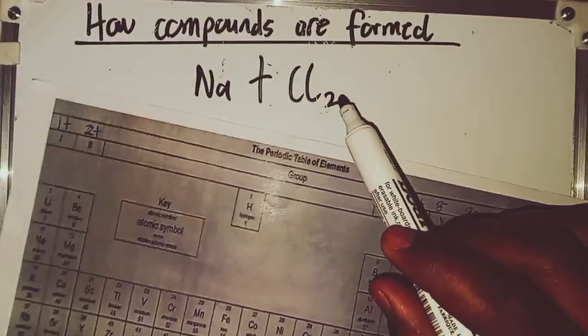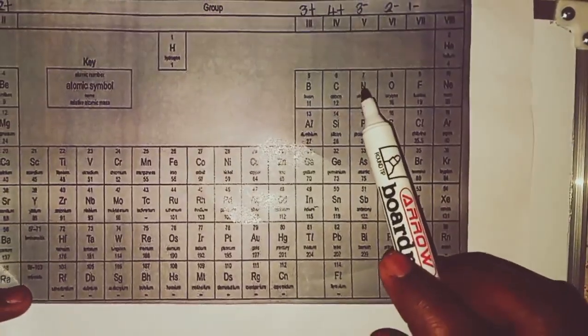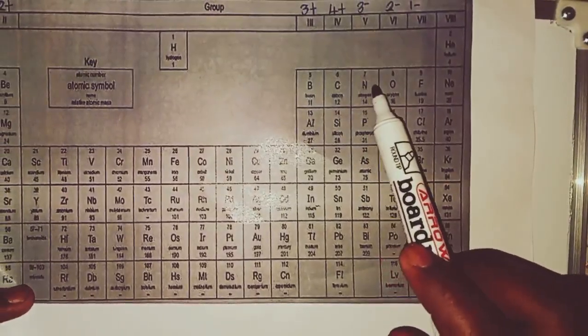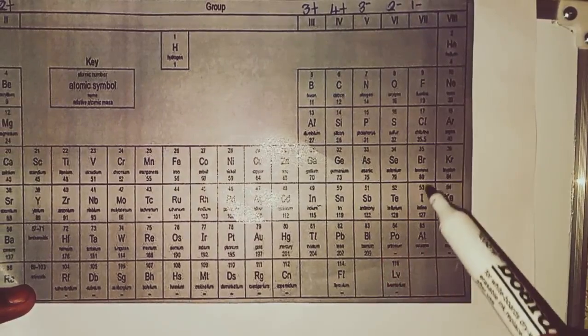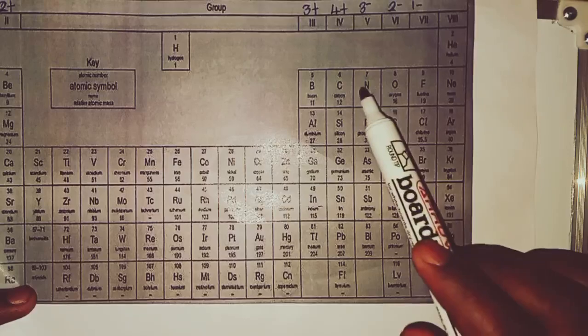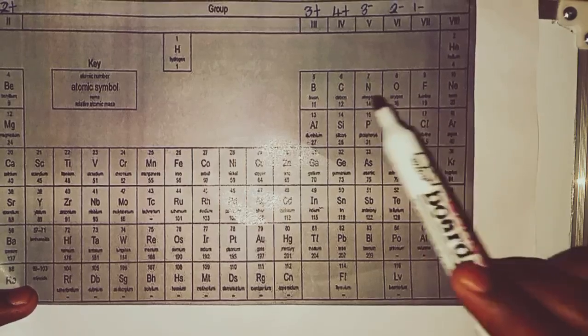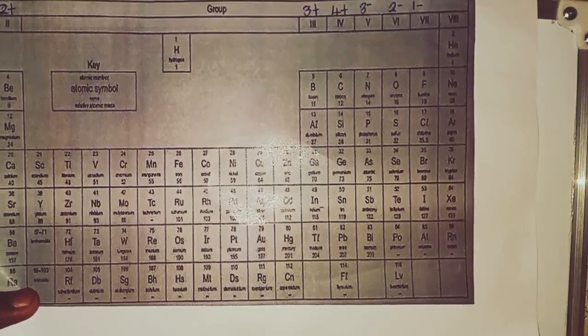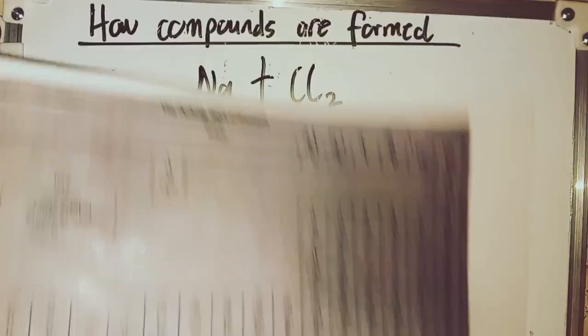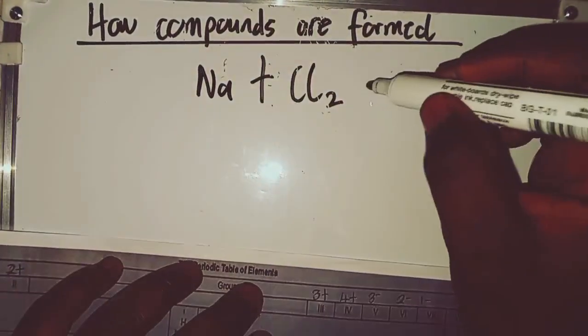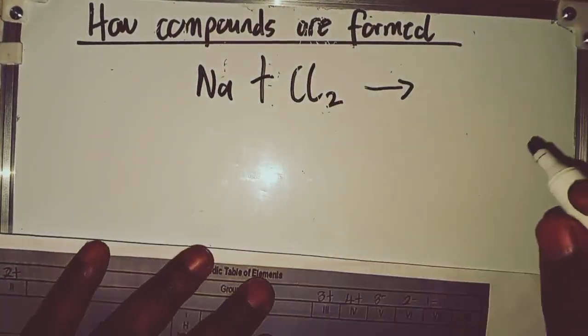If you write chlorine, we put a 2. All elements in this group 7 formation, starting from nitrogen here to fluorine down to iodine, are diatomic, so you write them with a 2, like this.